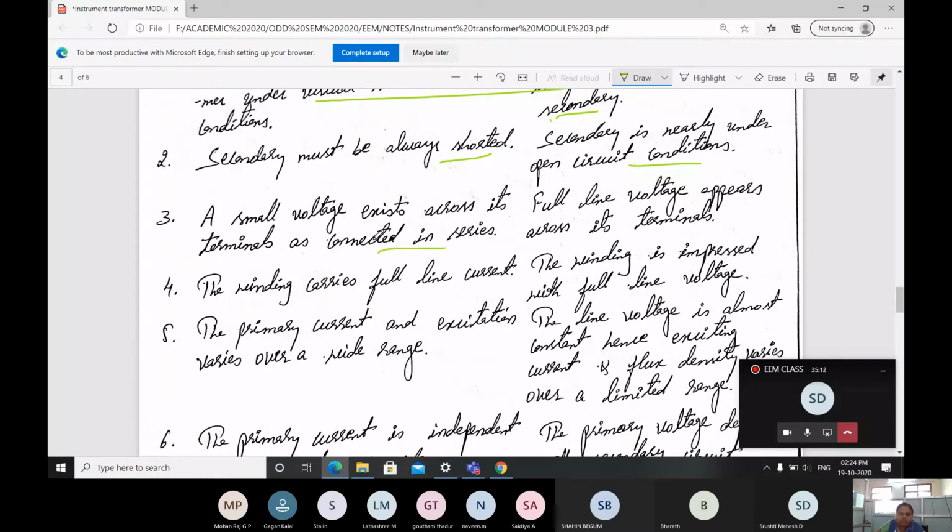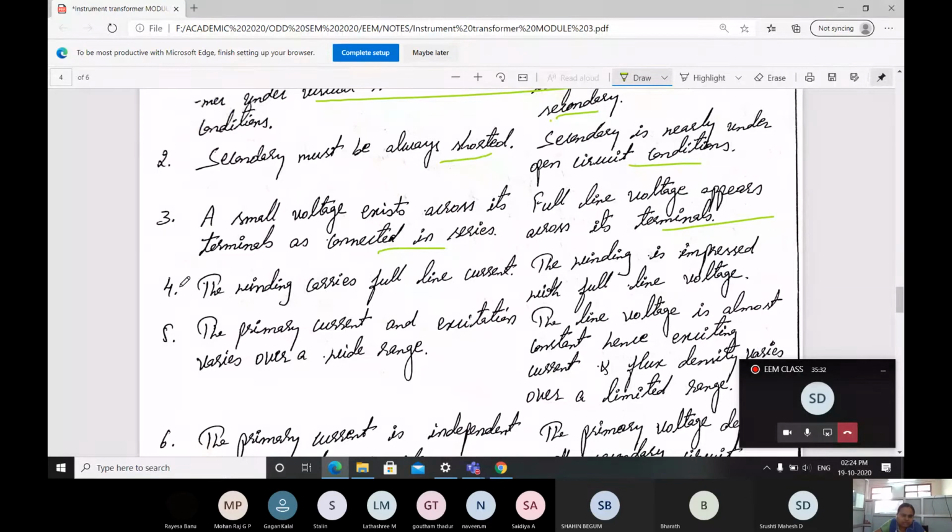A small voltage is going to exist across the terminals as it is connected in series. In the potential transformer, full line voltage appears across its terminals. Full line voltage, because high voltage is connected directly, right? For that reason, full line voltage appears across its terminals.